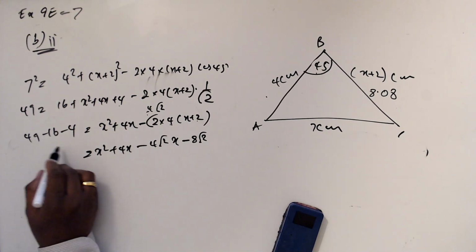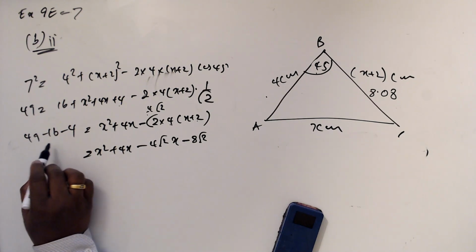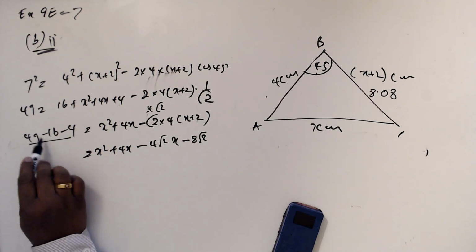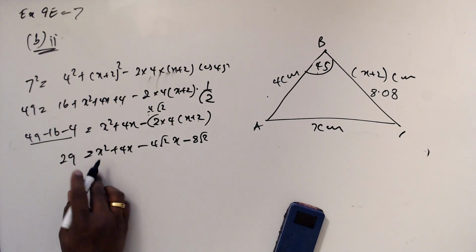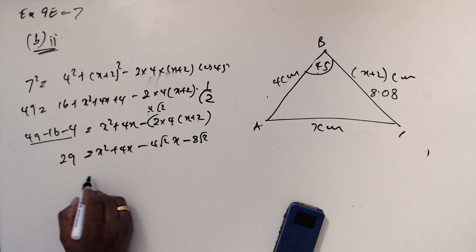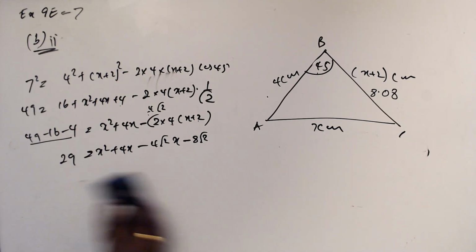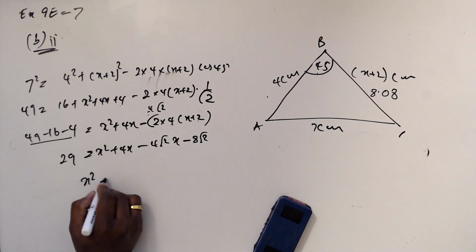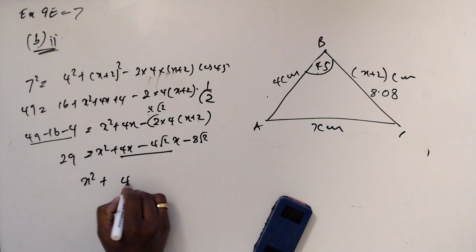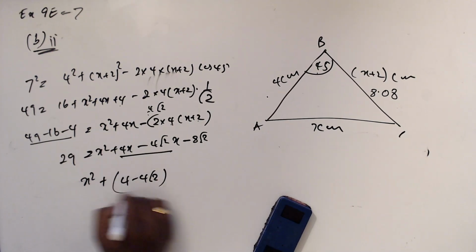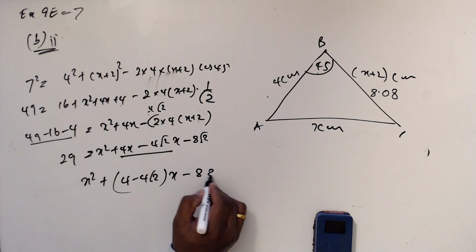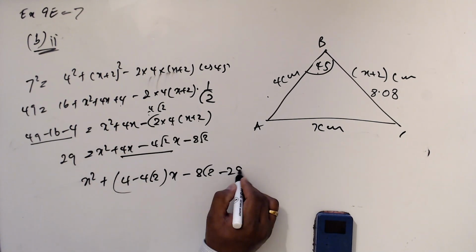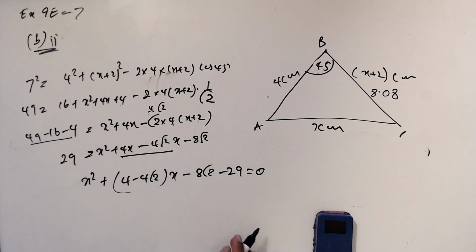What is this value? So this is 29. So I'll bring it to the other side. This is x squared. Then from here I will take x out, and this is going to be minus 8 square root 2. This is minus 29 equals.